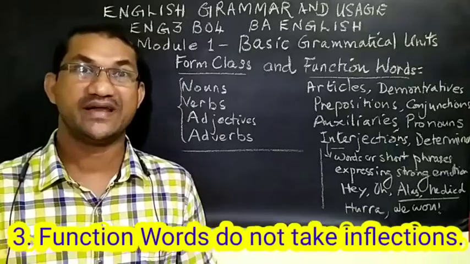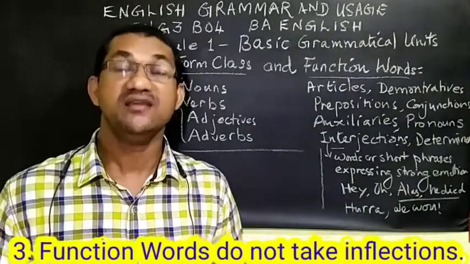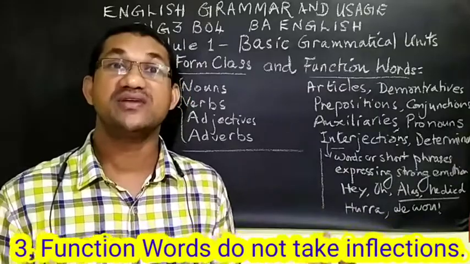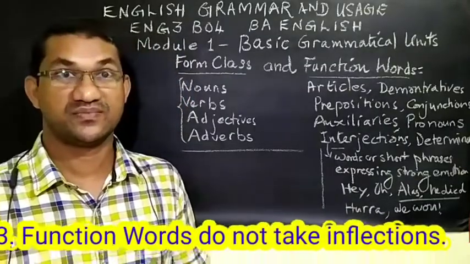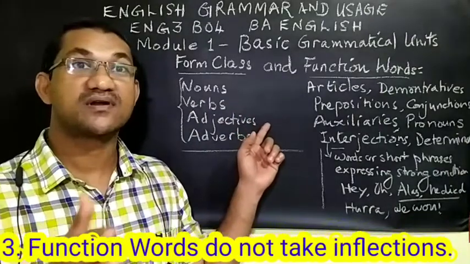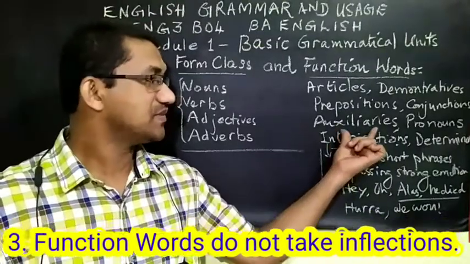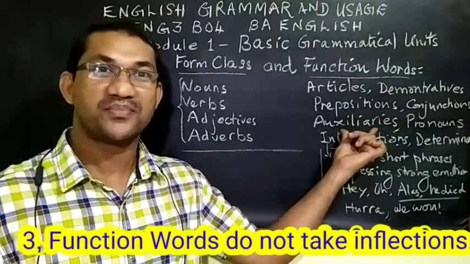Now the third characteristic of the function words: they do not take inflectional or derivational affixes. Alright, content words have inflections like drive, drives, driven, driving, but we don't have that here, right?